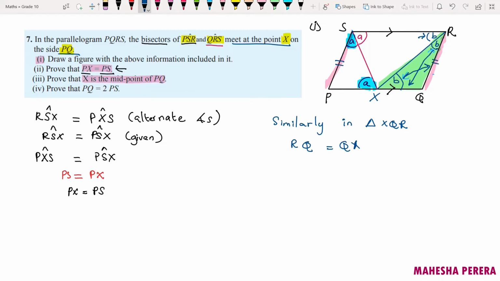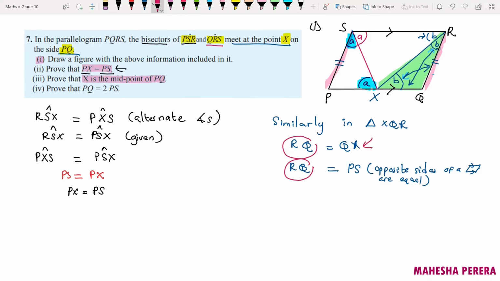So you can say, but RQ equals PS, opposite sides of a parallelogram are equal. Now, if you notice, these two sides are the same. So automatically, these two sides become equal, right? So you can say QX equals PS.